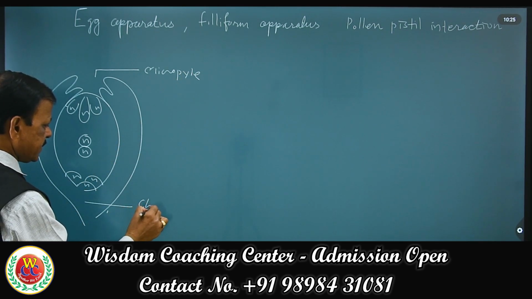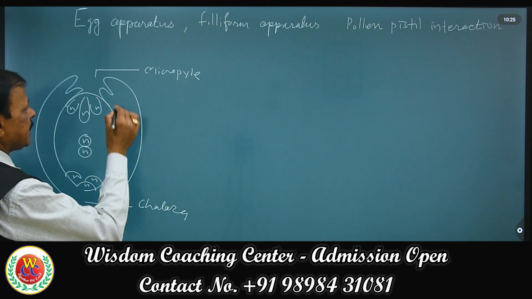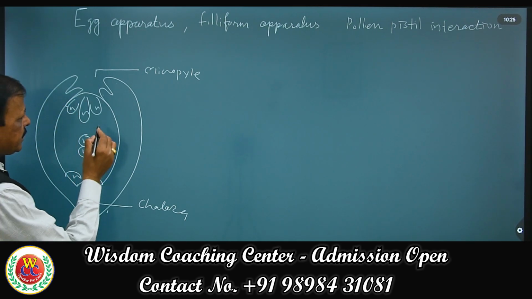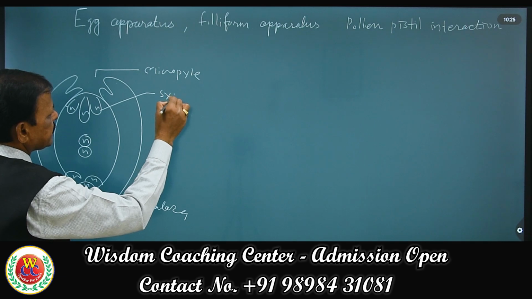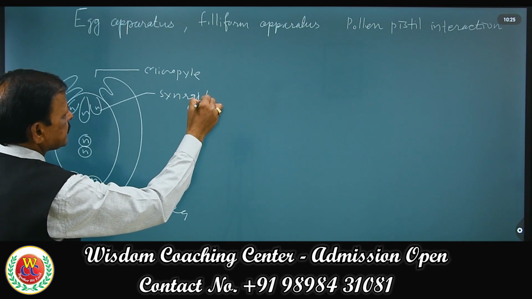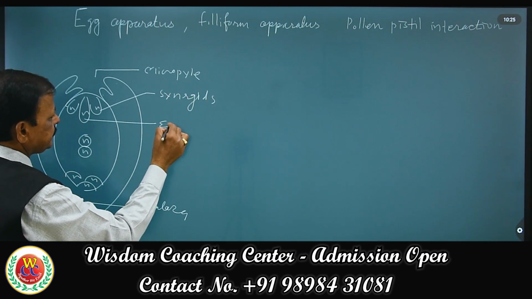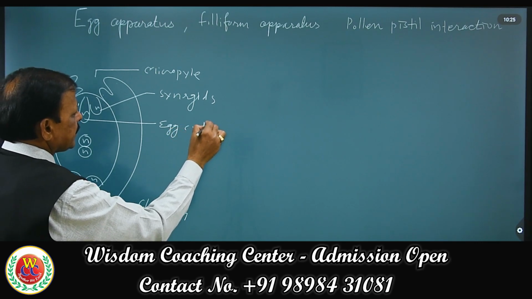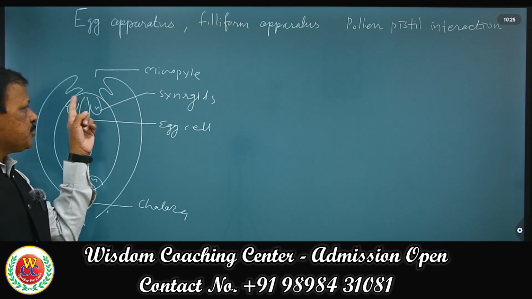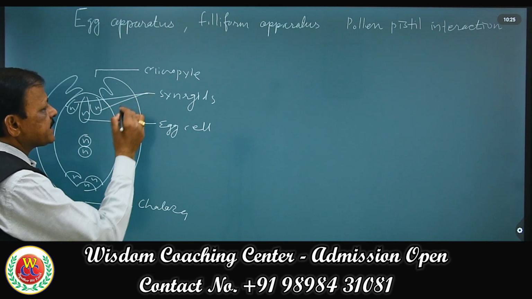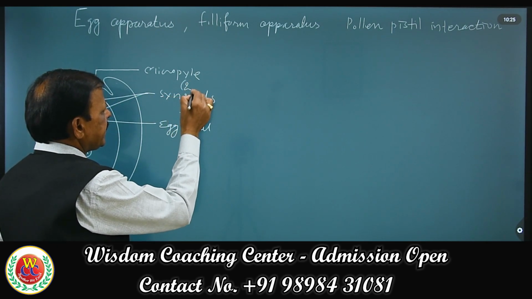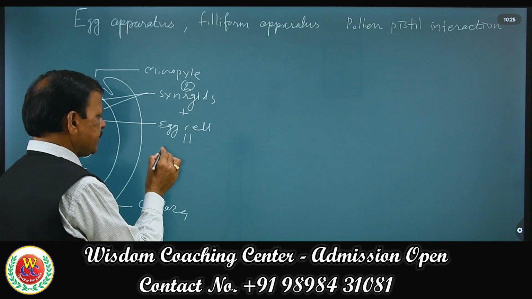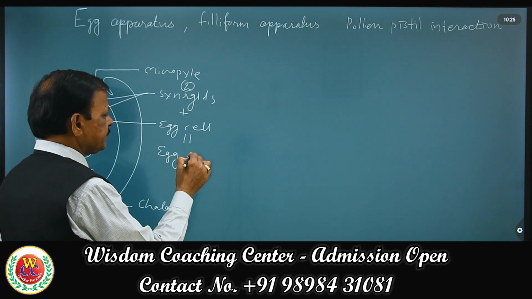This is the chalaza, and outer integument, inner integument. This is the egg cell and synergids. These two synergids and one egg cell together form the egg apparatus.